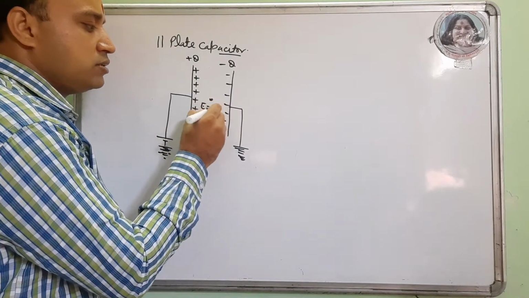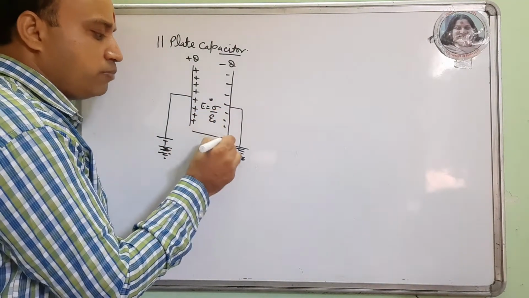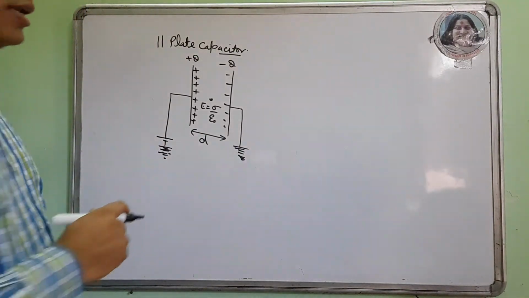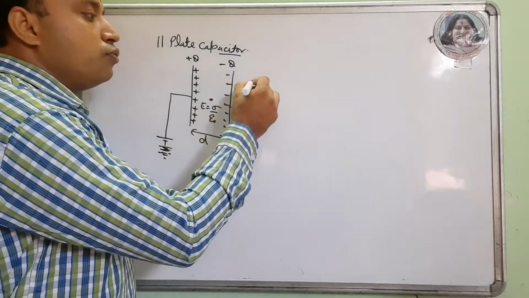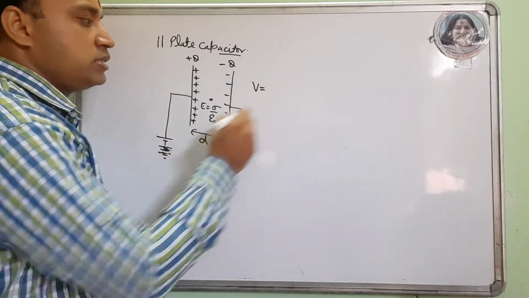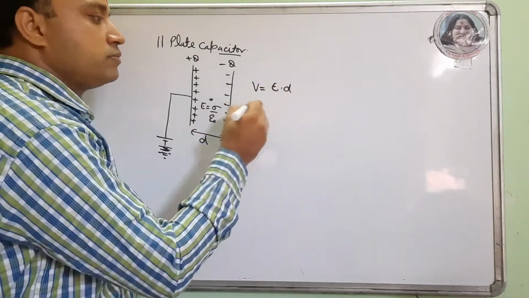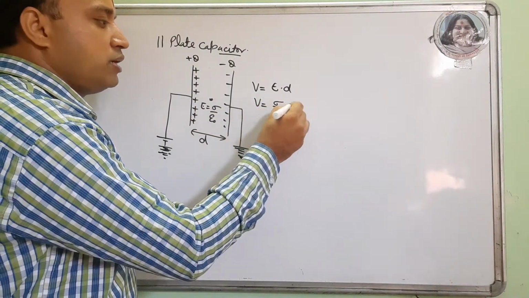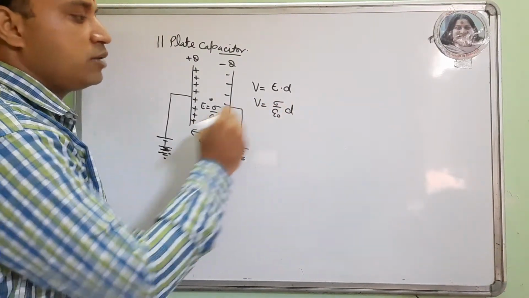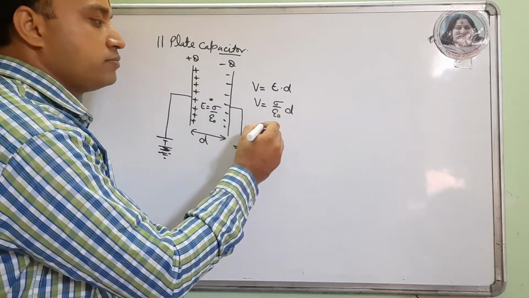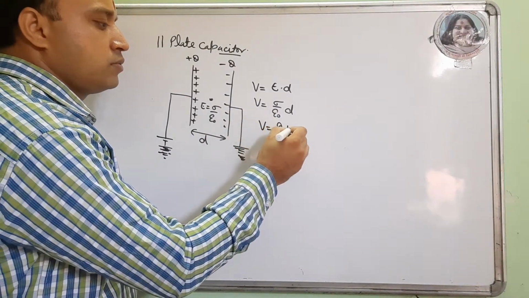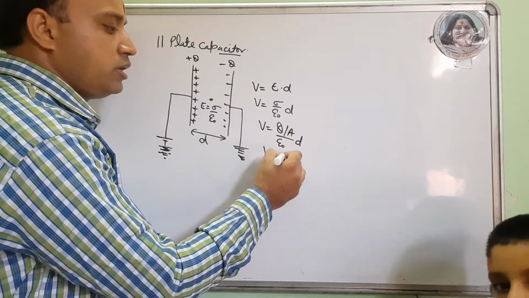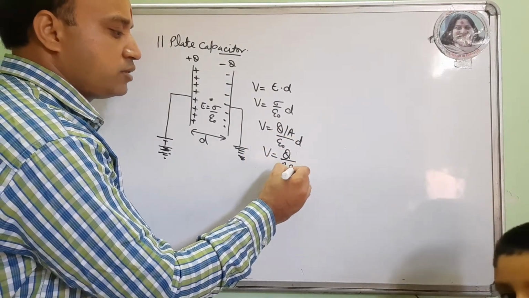E is sigma by epsilon naught, and if the plates are at separation D, then the voltage between the plates is E into D. V is sigma by epsilon naught into D. Sigma is Q by A, so V is Q D by A epsilon naught.